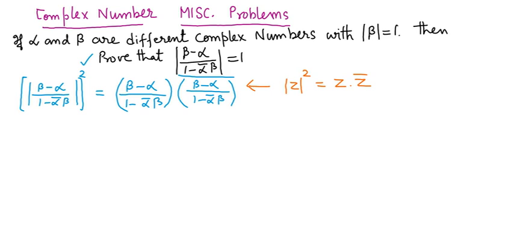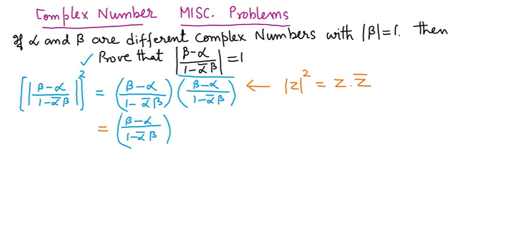Now see, this is beta minus alpha upon 1 minus conjugate of alpha into beta.